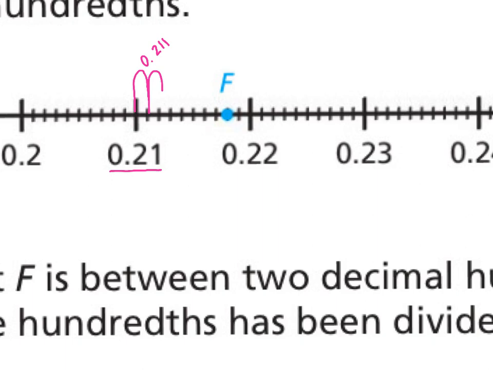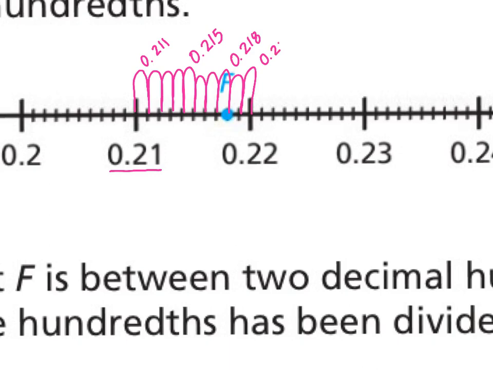0 and 212, 213, 214, 215. So we're at 0 and 215. 216, 217, 218. So 0 and 218. 219, 220.